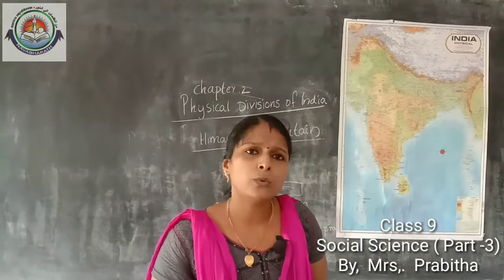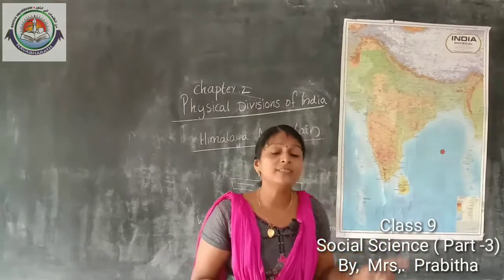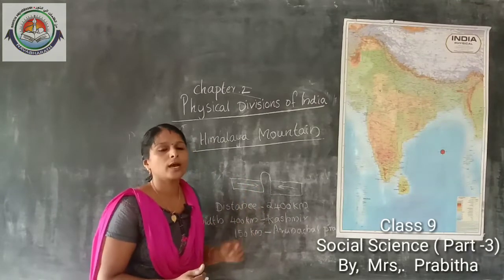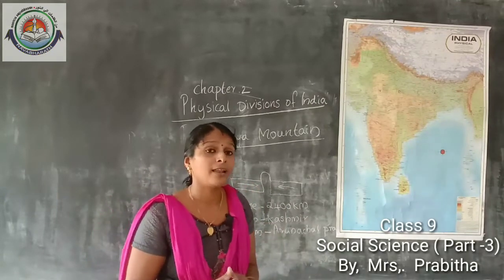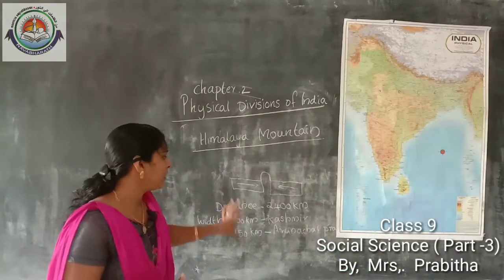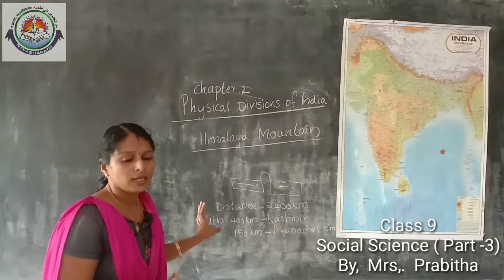Then these northern mountains are divided into 3 parallel ranges. That means Himalaya consists of 3 parallel ranges. Hope you all understood the distance and width of the Himalaya.